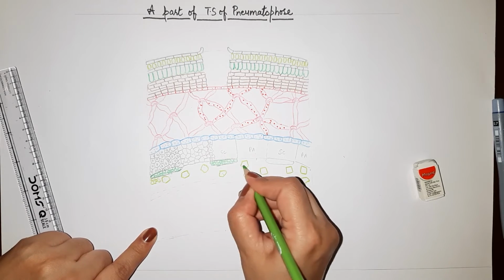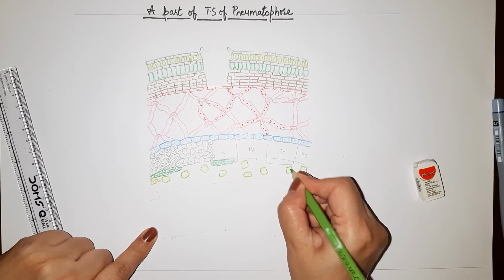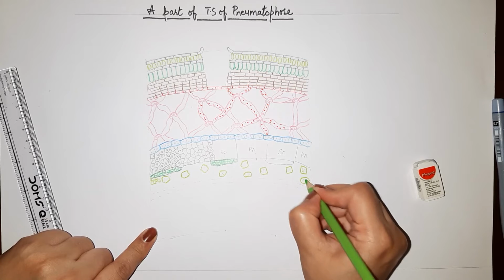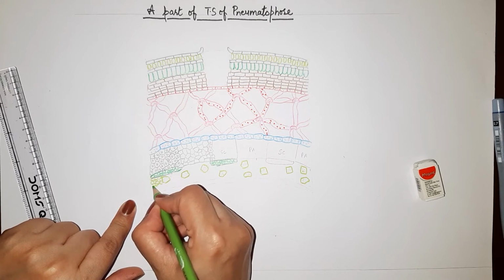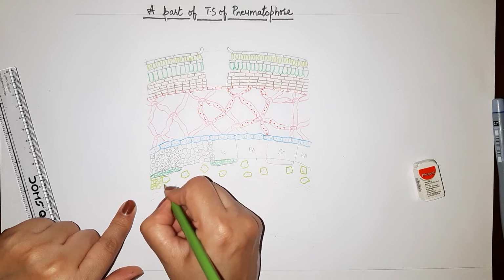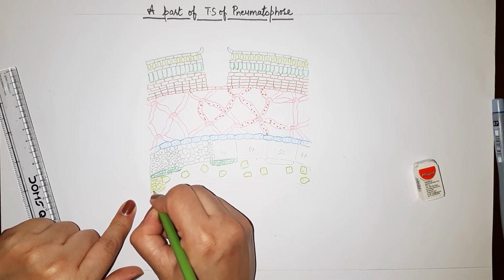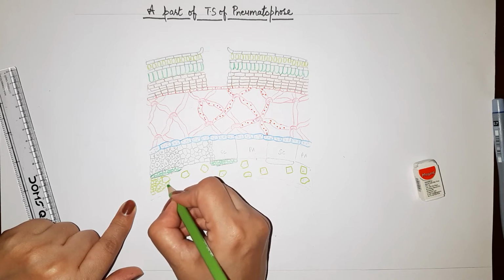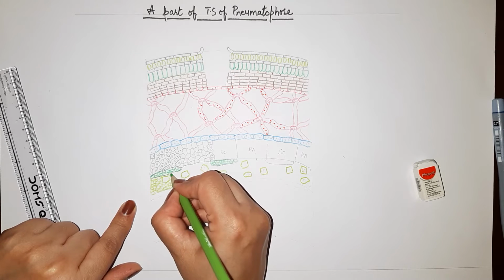Rest of the cells should be the smallest. Dots here represent sieve plates. So you can fill this area with small polygonal cells. This way you will complete this region of secondary phloem.